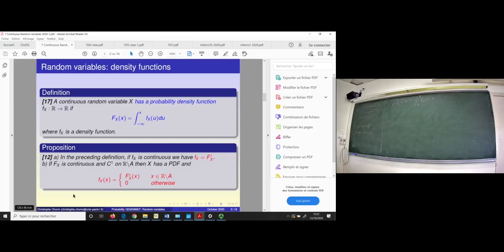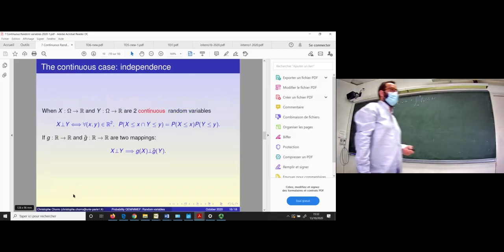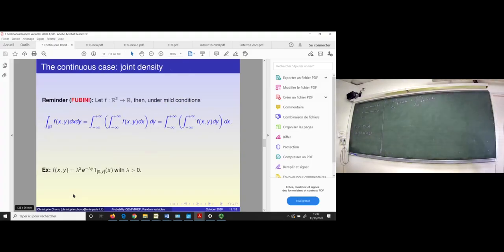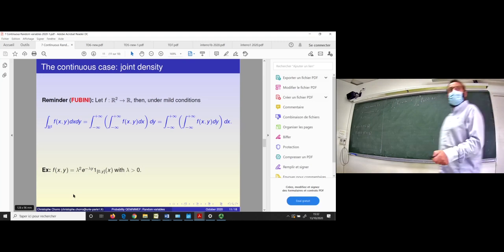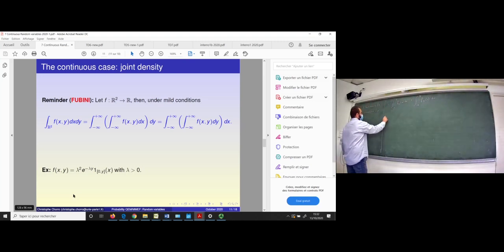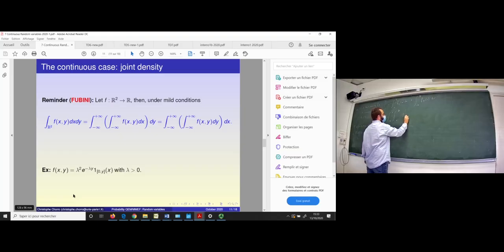So I have the product of two integrals, this part depending on u, this part depending on v, and in fact, according to my notation in blue, I can write it as a double integral here: integral from minus infinity to x, integral from minus infinity to y, of f_X(u) f_Y(v) du dv.